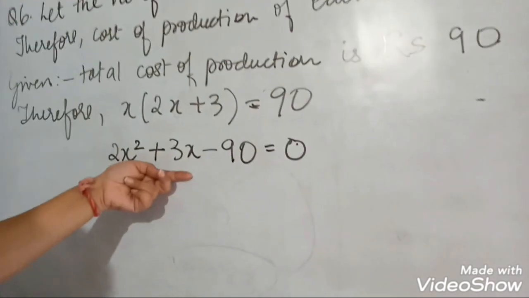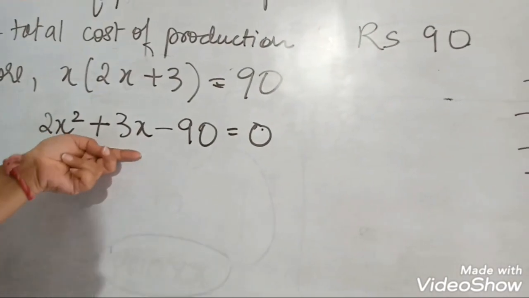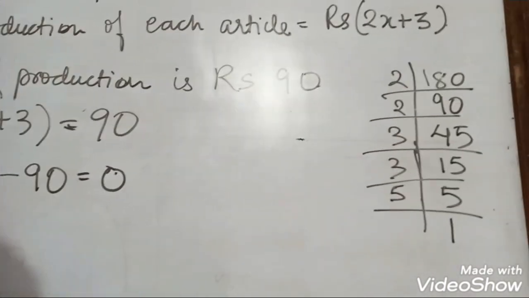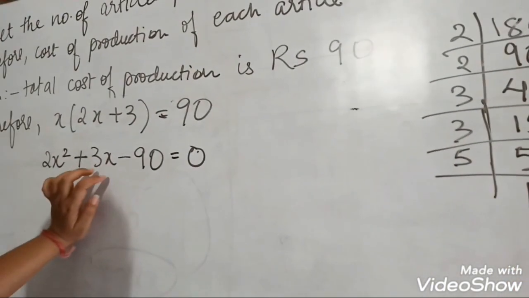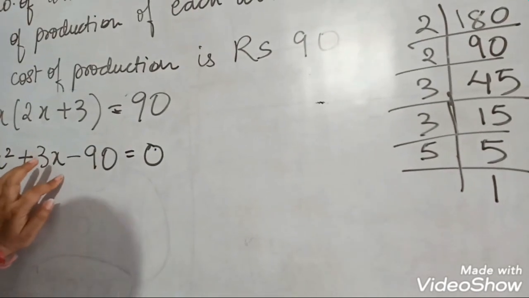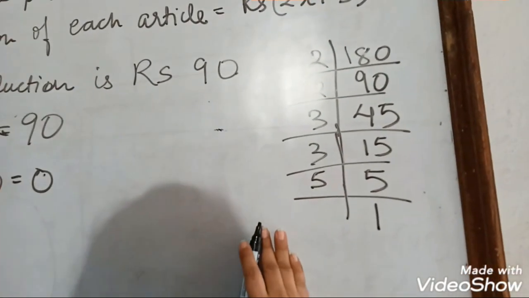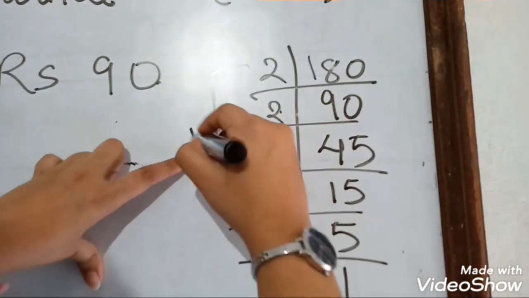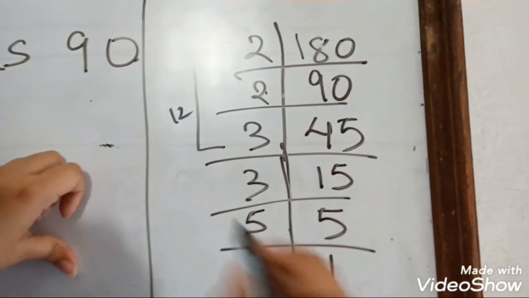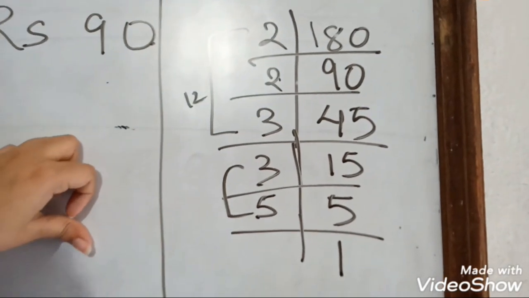Now see children, it is written over here plus 3. So we are going to arrange these numbers in such a form that we get plus 3, the middle term, and we can split it. So I am going to take the first 3 numbers: 2 2s are 4, 4 3s are 12, and this is 5 3s are 15.